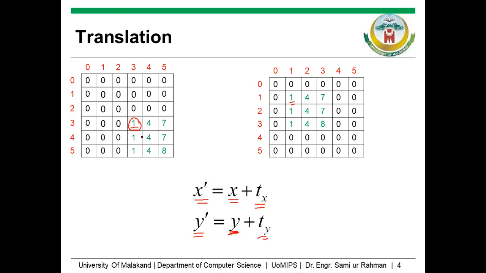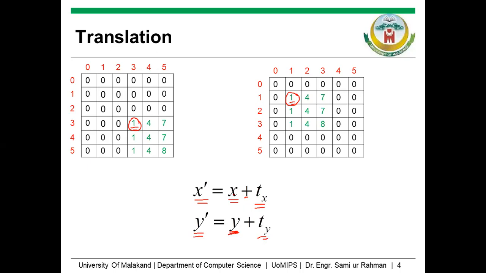Now, let's say we represent these pixels. The new position x prime is equal to x, which is originally 3, plus tx. It is given as plus, but it can be plus or minus.